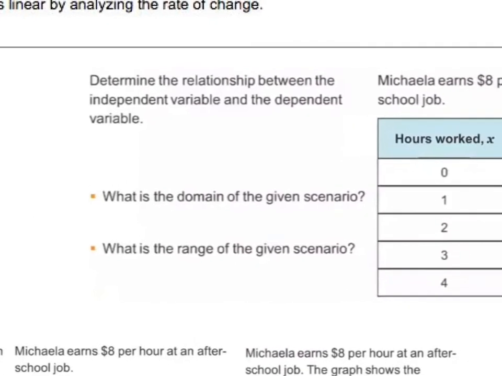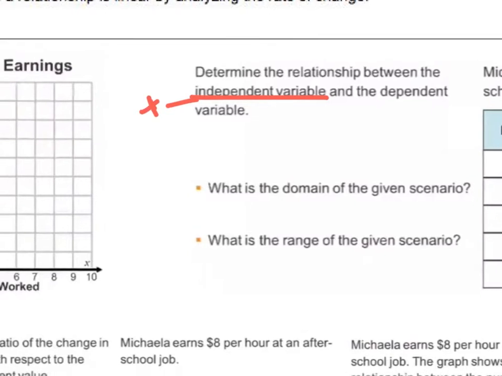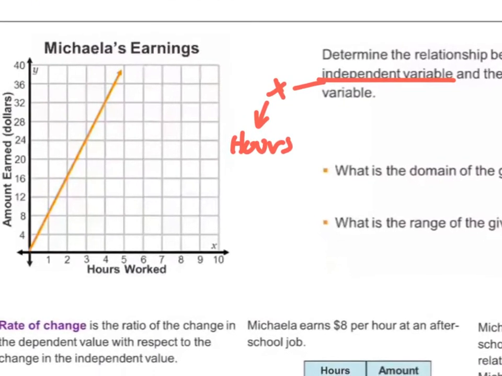Before it says anything, it says determine the relationship between the independent variable and the dependent variable. Well, let's talk about what the independent variable is. Remember, the independent variable is your x value, which in this case is hours worked, and I'm obtaining that information strictly by looking at the graph and the label on the x-axis.